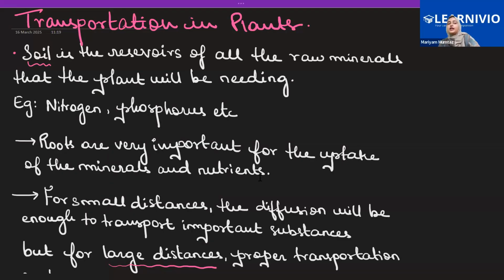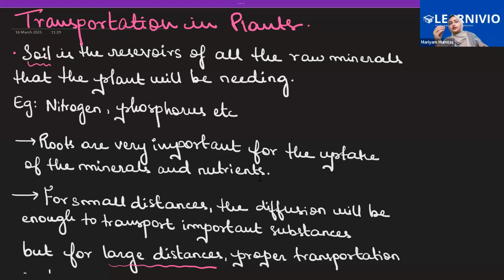So today we're going to start with the transportation that takes place in the case of plants. Now see, plants do not have a very well-developed circulatory system in them. So for their transportation, they have different tissues and different transportation methods.